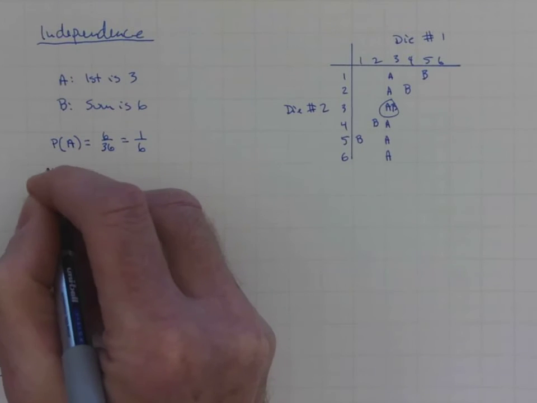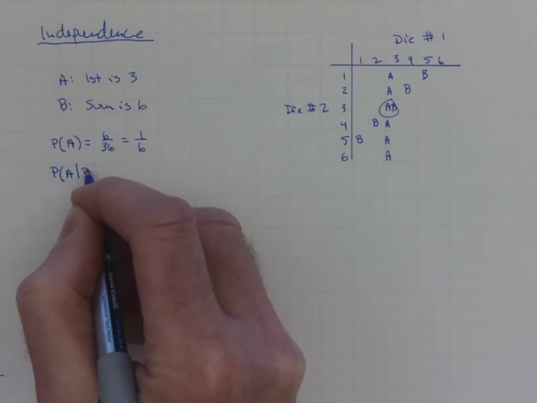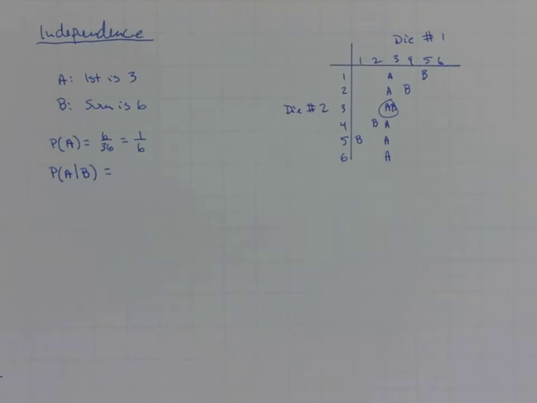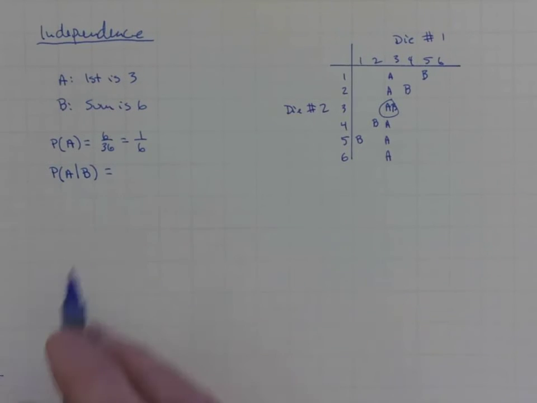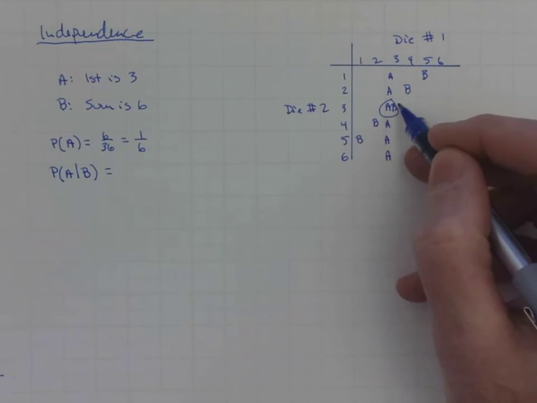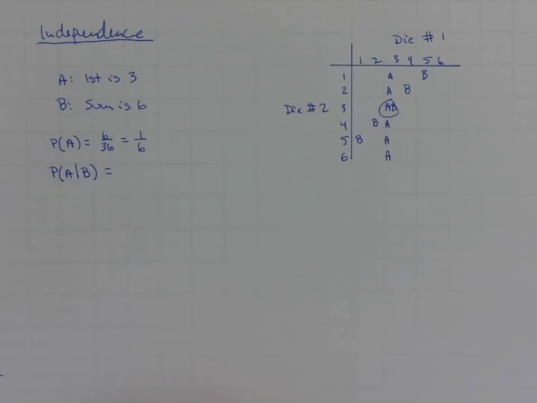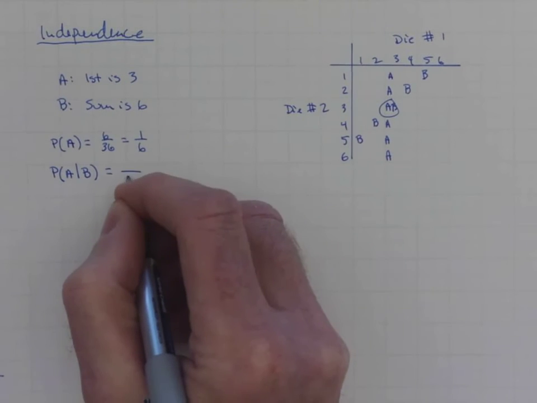And then I'm going to calculate a conditional probability, the probability of A given B. And you'll need to recall that if we're assuming that B has occurred, then we're limiting ourselves to only those 5 outcomes that involve B, not the entire 36 in the sample space.